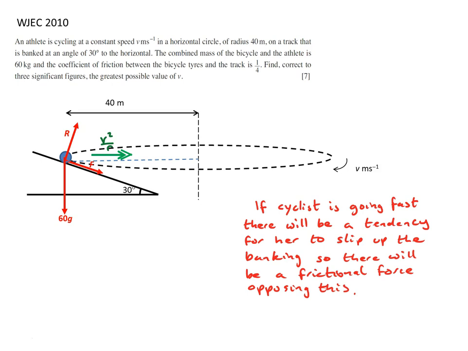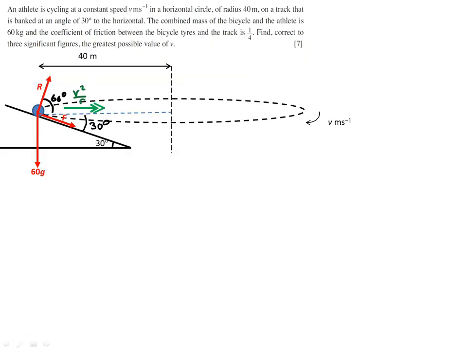Okay, a little bit of trigonometry to be done. The angle between the slope and the horizontal is 30 degrees. So the angle between the reaction and the horizontal will be 60 degrees.